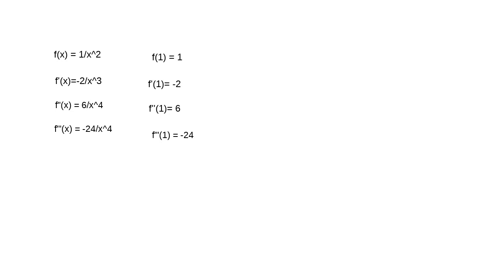P2 we already know: 1 minus 2 times x minus 1 plus 3 times x minus 1 squared. Now f triple prime of 1 is -24. -24 divided by 3 factorial, which is 6, is -4. So minus 4 times x minus 1 raised to 3.